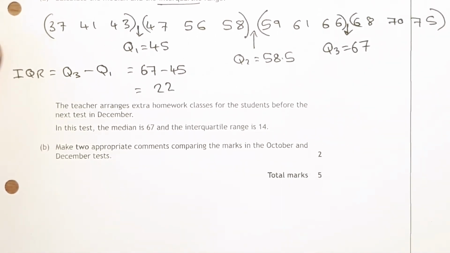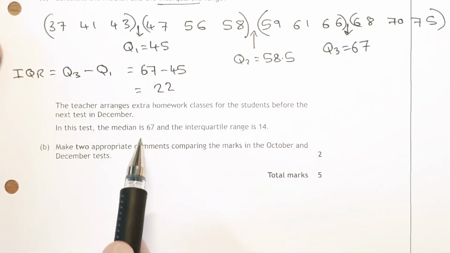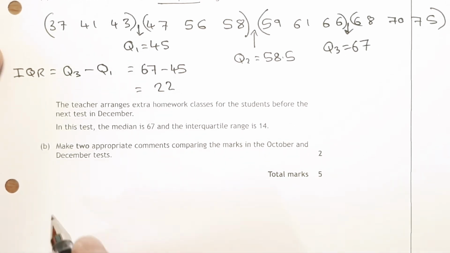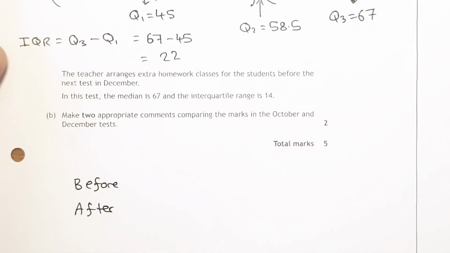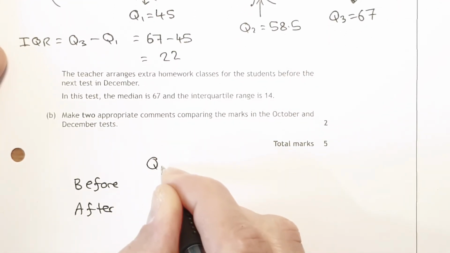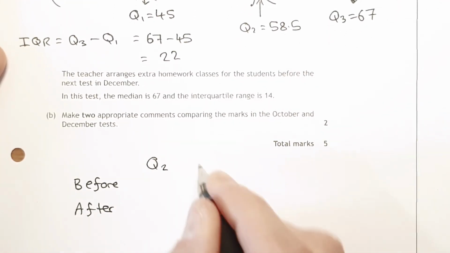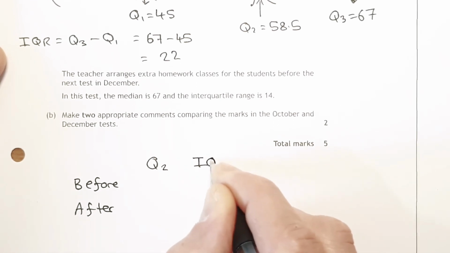Next, it tells us the teacher arranges extra homework classes for their students before the next test in December. This time the median is 67 and the interquartile range is 14. So we can have before and after the extra homework. We can write down what the median is before and after, and what the interquartile range is.